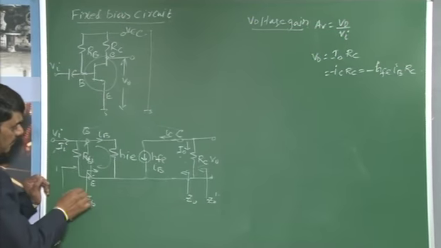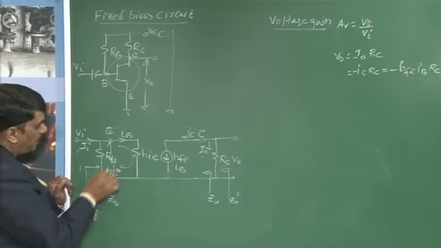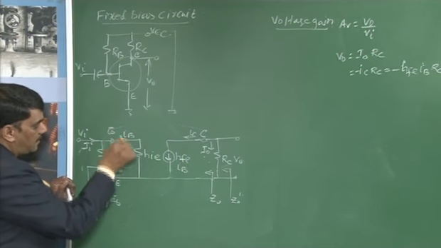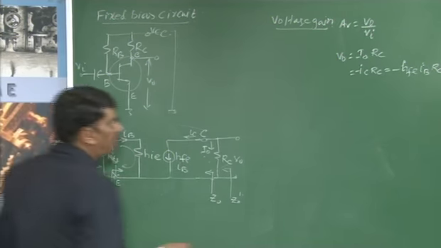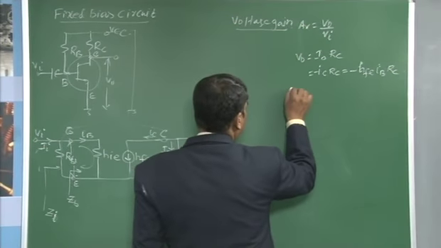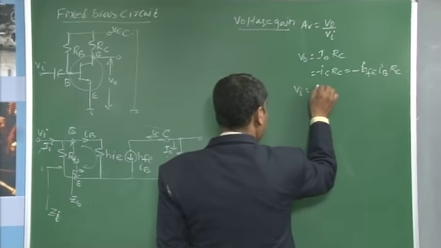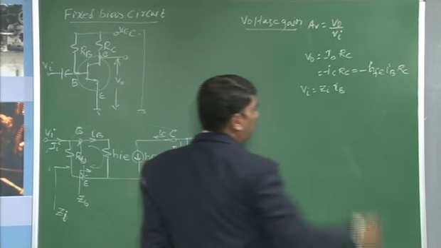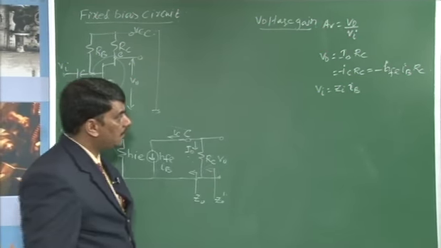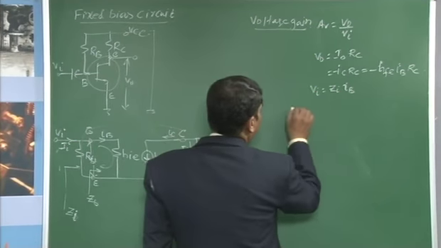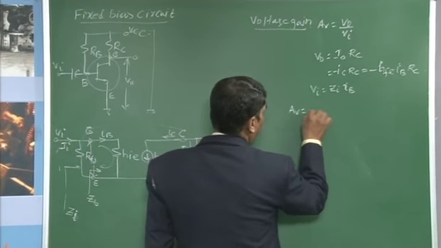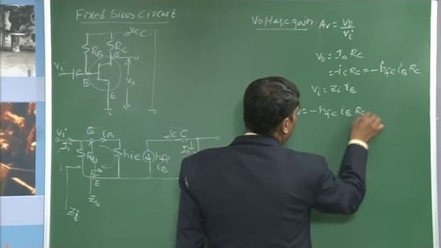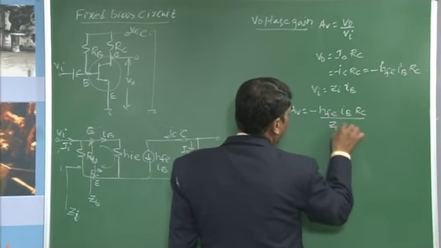Then, by definition, the input voltage Vi is the voltage across the base and emitter terminals. This is given by the input impedance. By definition, Vi is equal to ZI into IB. If you take this ratio, then AV is equal to minus hfe IB RC divided by ZI IB.